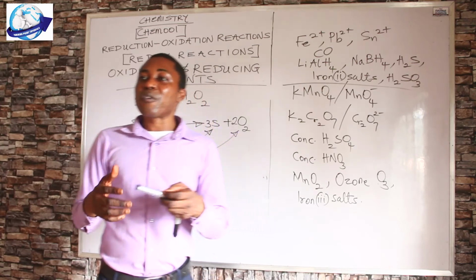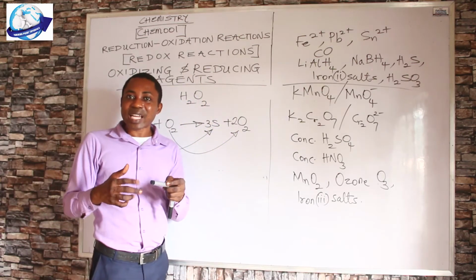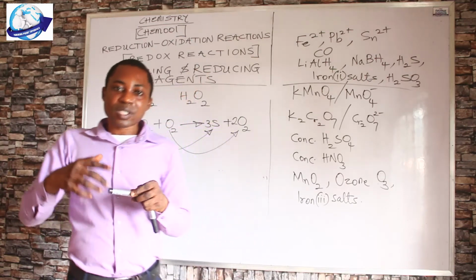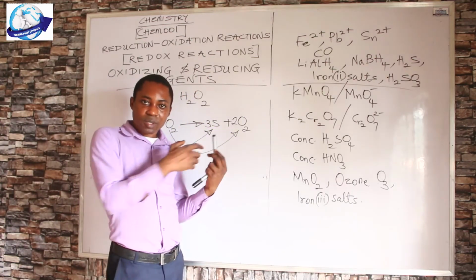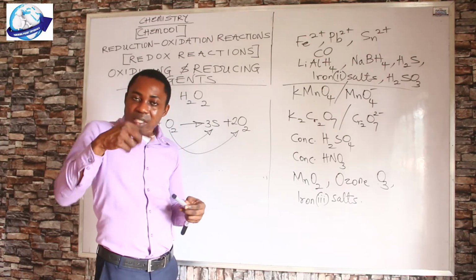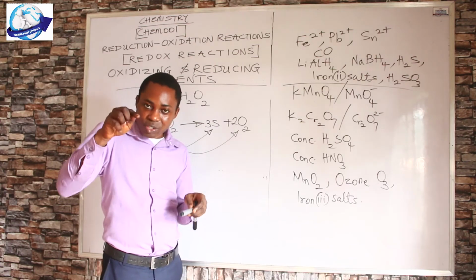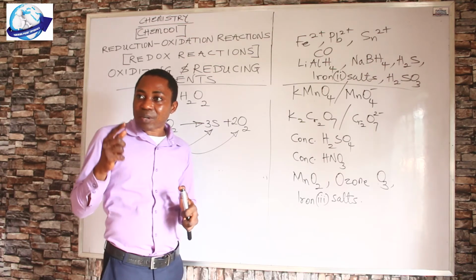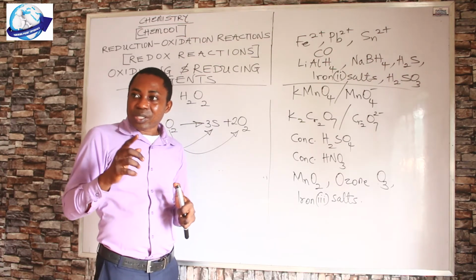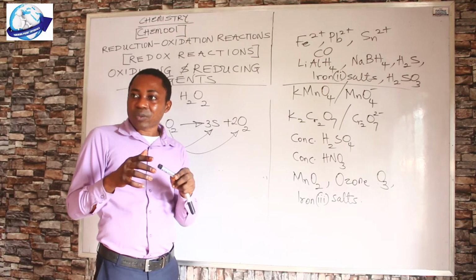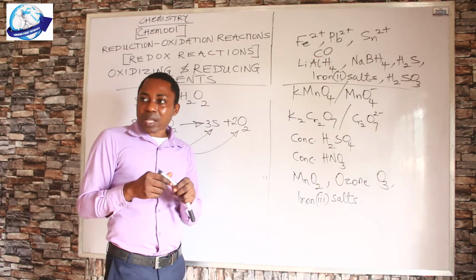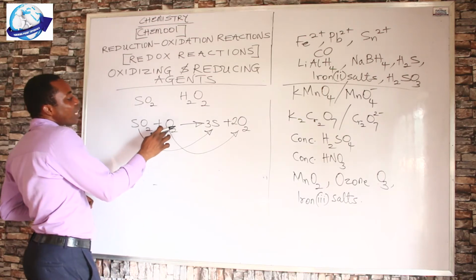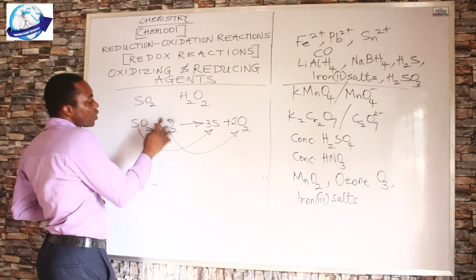What can we say about sulfur(IV) oxide? It is acting as the oxidizing agent, because it gives out its oxygen to the oxygen molecule, and so it itself is being reduced to sulfur, while the reducing agent in this case is oxygen.